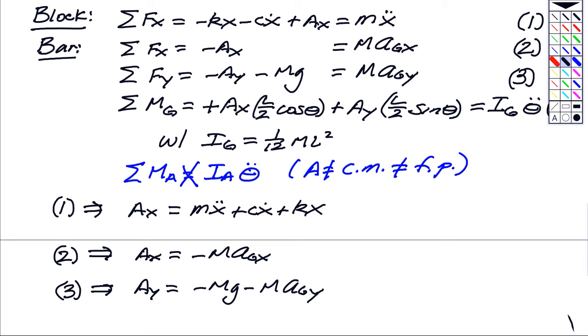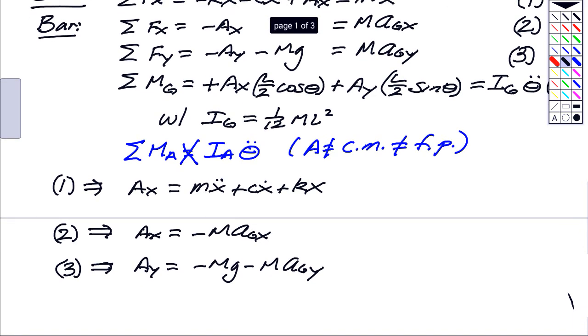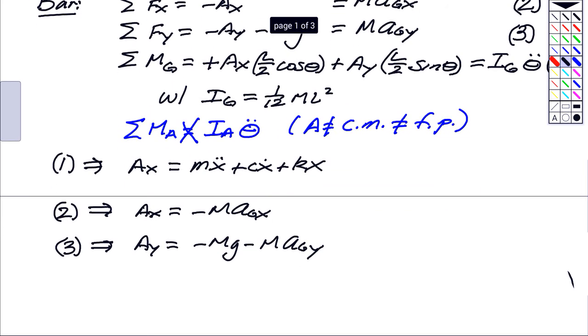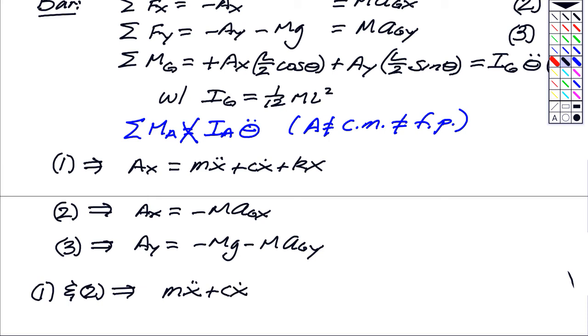Two things I'm going to do. I'm going to combine equations 1 and 2. 1 and 2 will say that m x double dot plus c x dot plus kx is equal to minus m a_Gx.